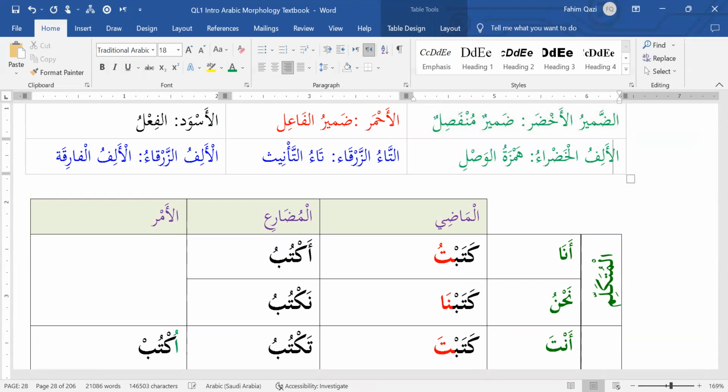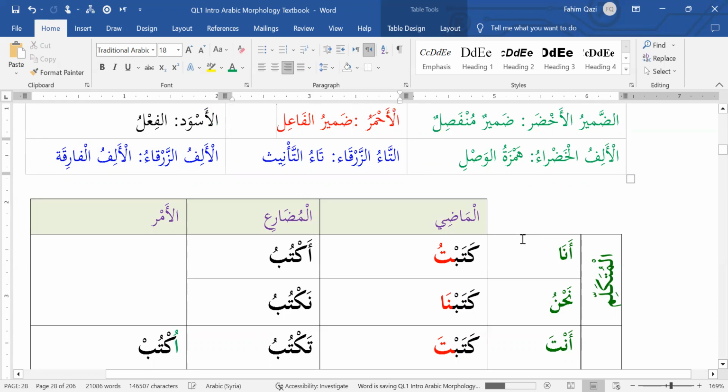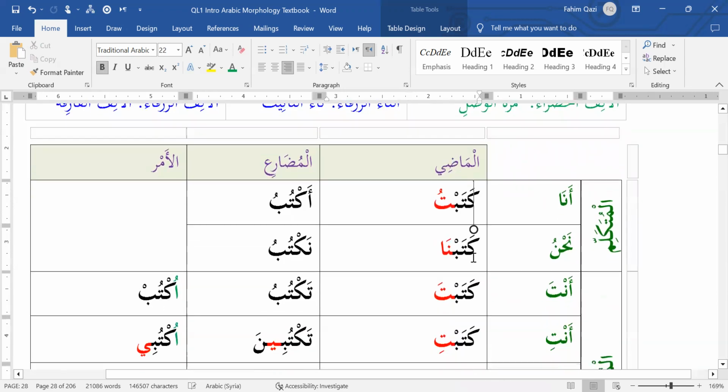The next one is al-ahmar. Al-ahmar, the red, is for damir al-fa'il, the doer pronoun. So let's look at the red.